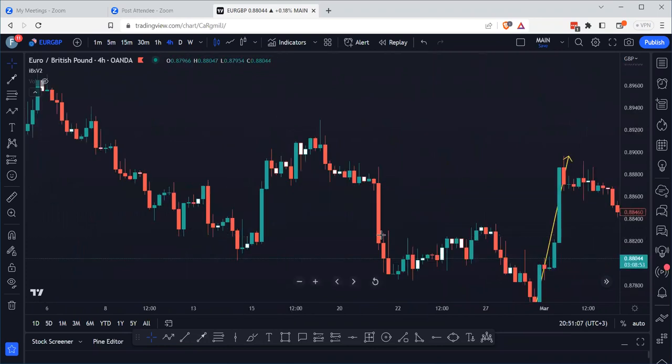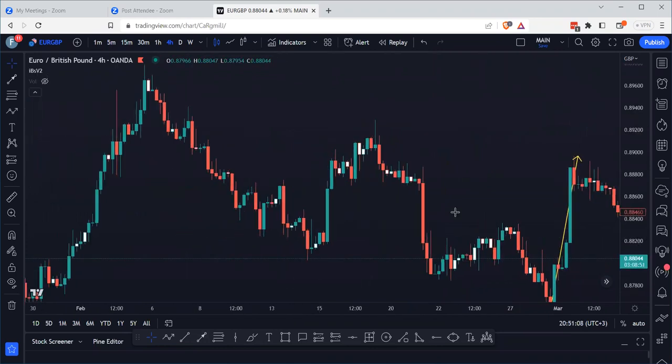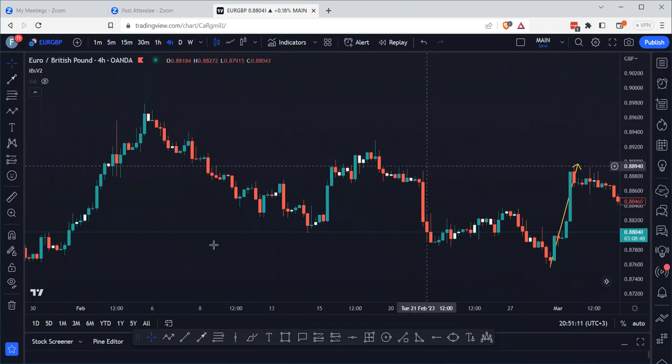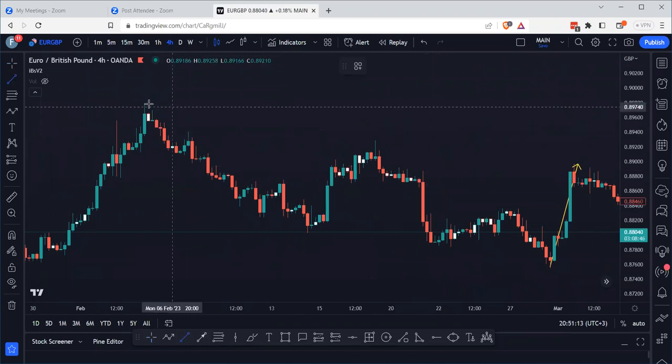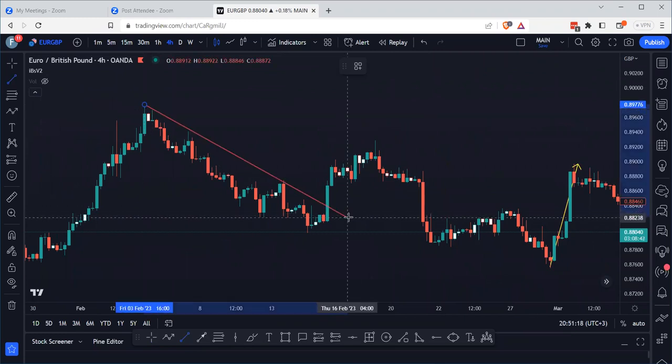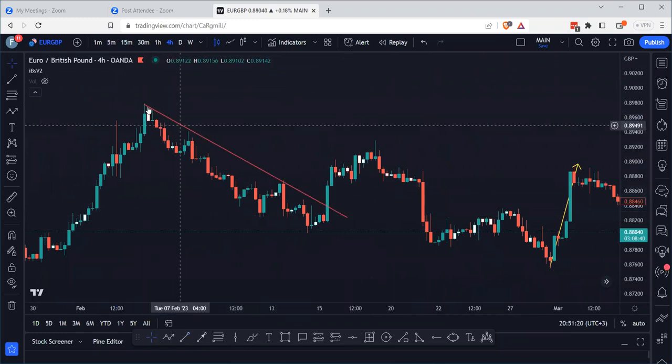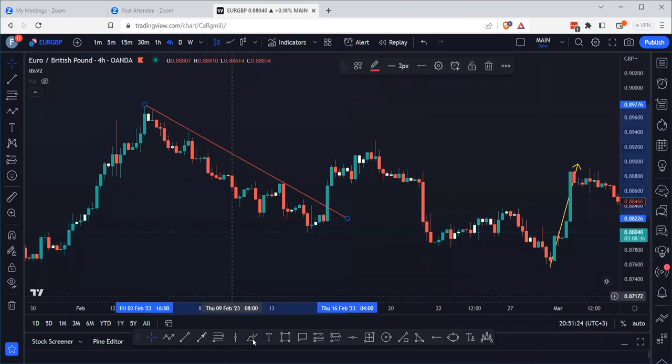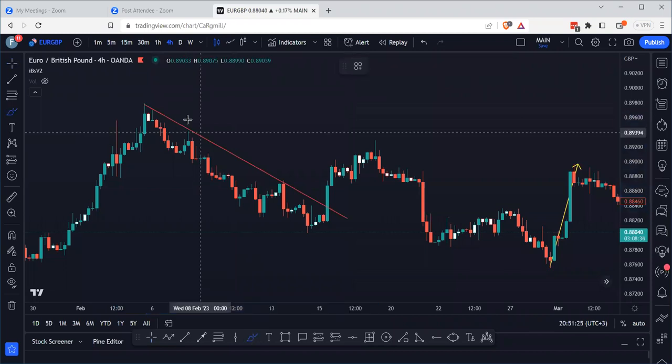Now, let me also give you an example of trend line liquidity. So let's say you marked out this move as a trend line, for example. You can say this is your first touch.